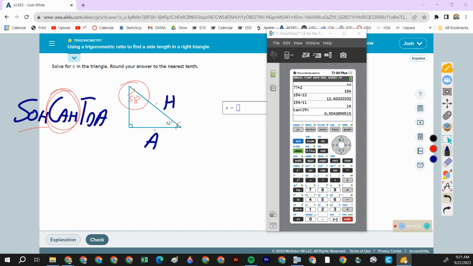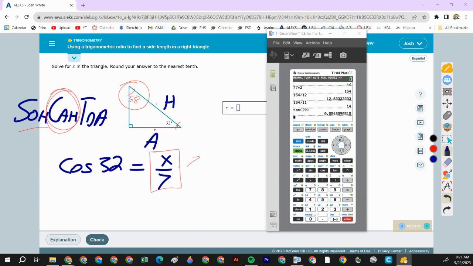Yeah. So here, the cosine of theta, the cosine of 32 is x over 7. Okay? So here, I just need to get the x by itself. What is holding the 7 to the x? Division. What's the opposite of division? Multiplication.